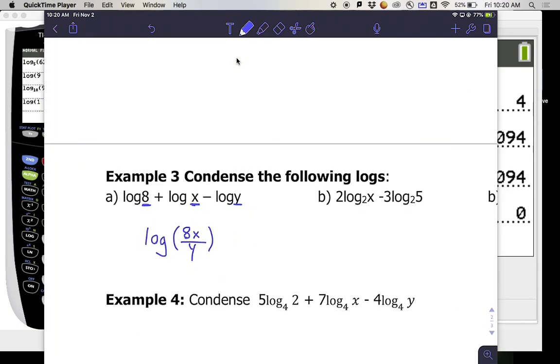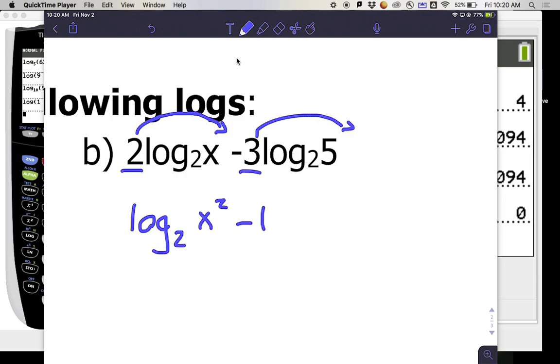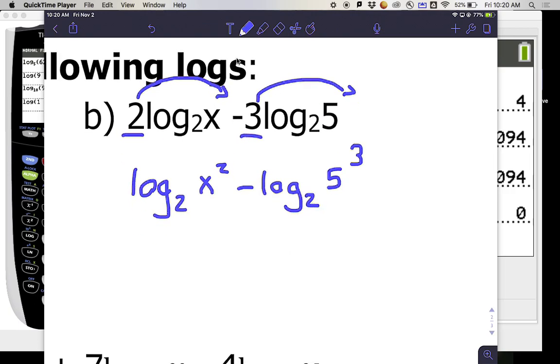Sometimes you'll get these ones where you got some numbers out here in front, some coefficients. So if we're going the other way, we write those as exponents. So that's the very first thing I'm going to do. So this will be log base 2 of x squared. And then this next one, don't worry about the negative. Keep it as negative log for a second. Log base 2 of 5 raised to 3.